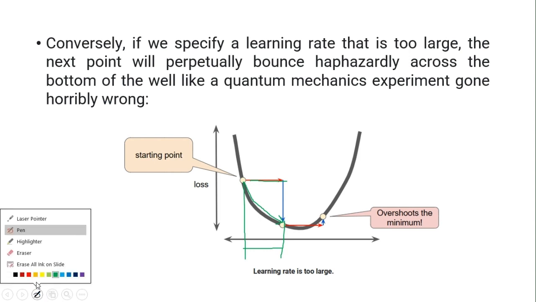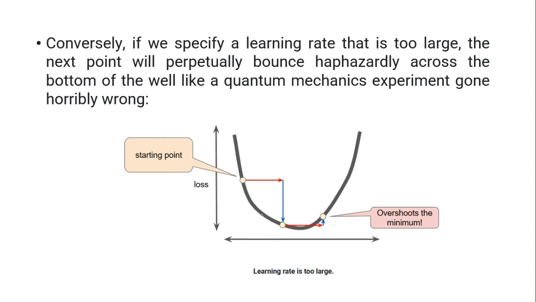Now, what is the problem with this large step size? Here you can see the minimum value should be here. If you follow this step size, the next step will be to here, and we won't be able to reach the minimum, the optimized value. That means it overshoots the minimum.